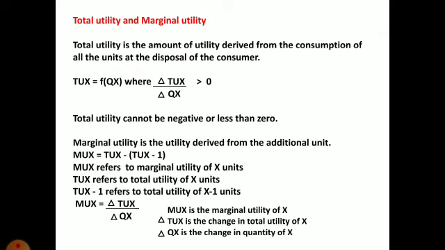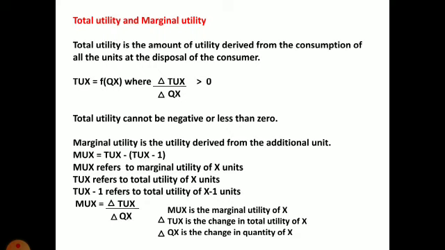So remember, total utility can never be negative or less than 0. With a larger stock, total utility tends to be more, and with a smaller stock, total utility tends to be less. Total utility cannot be negative or less than 0.